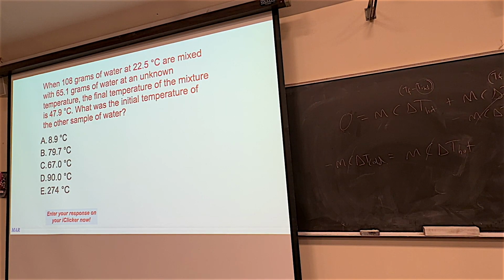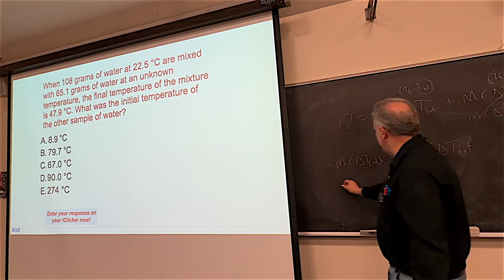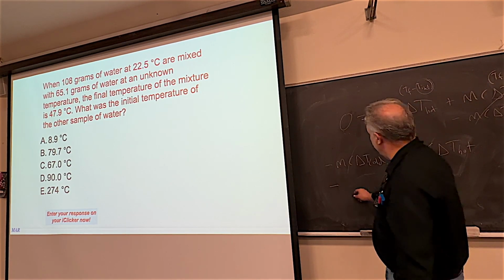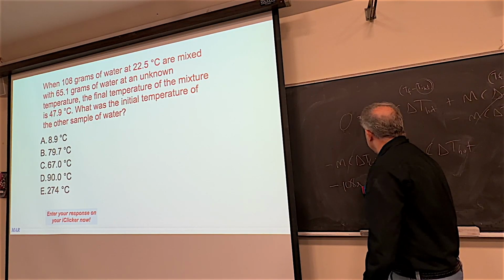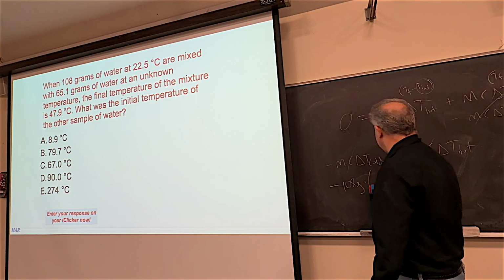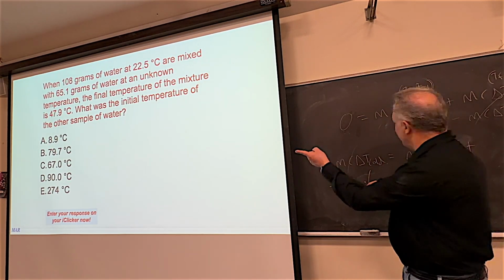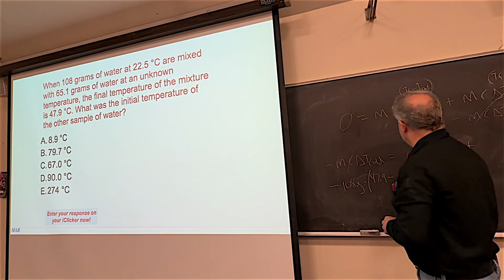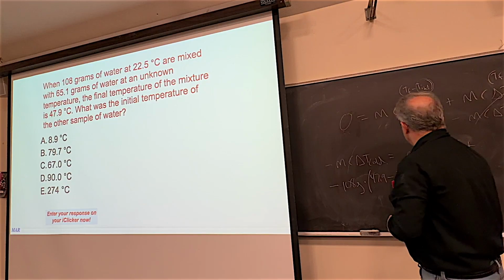And when you break this part down then, you've got minus the mass of the cold, which was 108, times delta T for the cold, final temperature 47.9 minus initial 22.5.